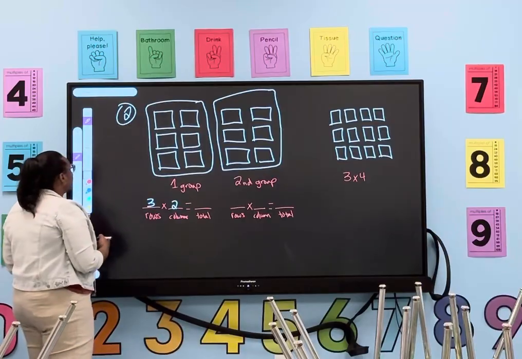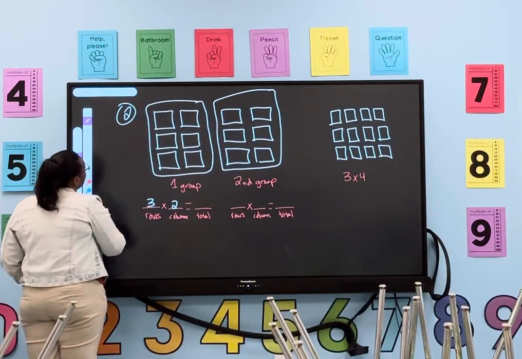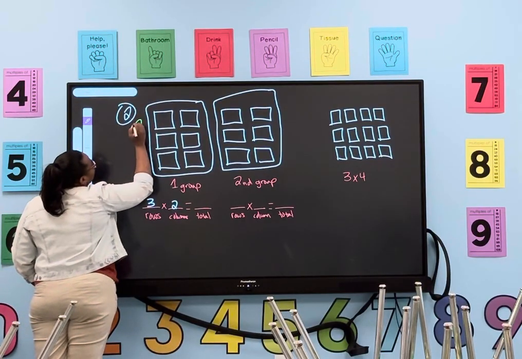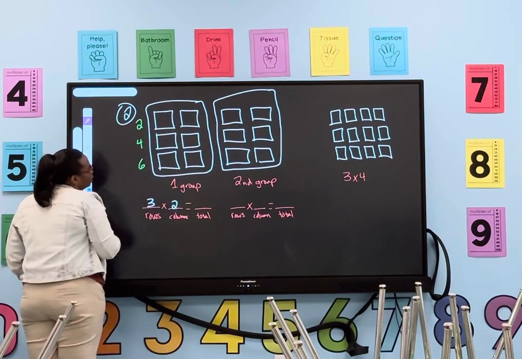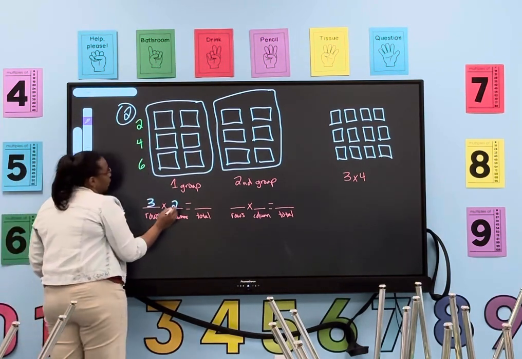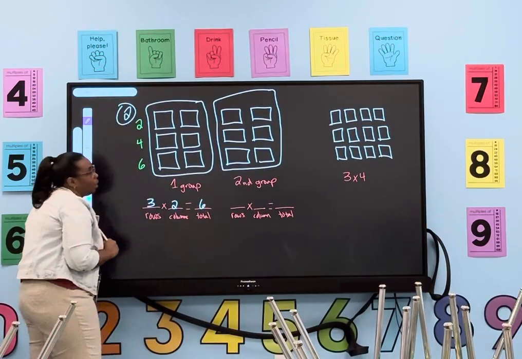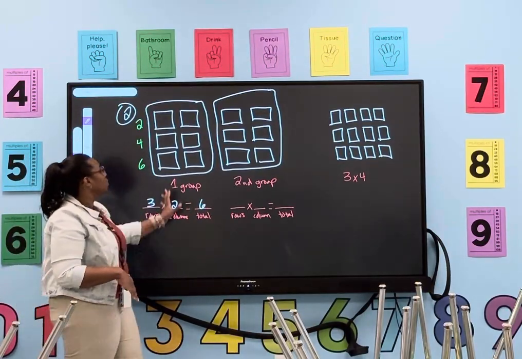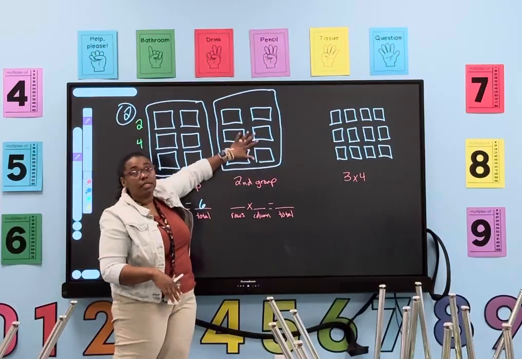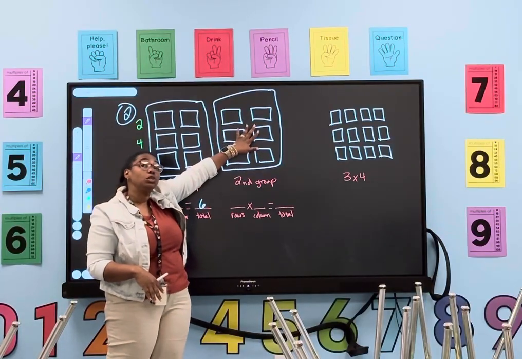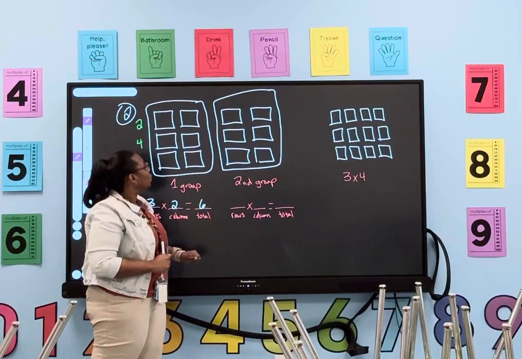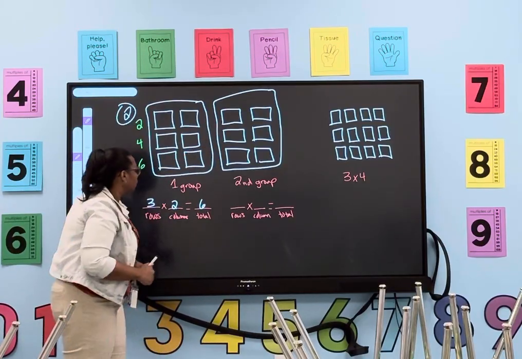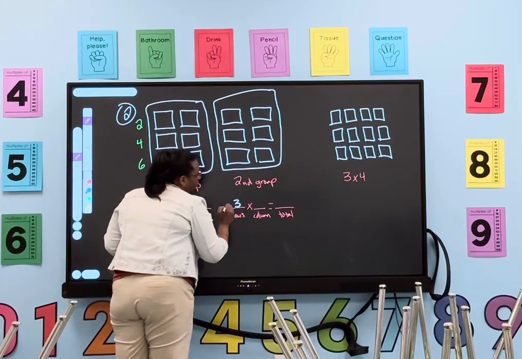So let's go ahead and skip count by 2. So if I skip count by 2, this will be 2, 4, 6. So now I know the answer is going to be 6. Okay, so now when I go to this side, for this second array, because we broke it up into 2 arrays, again, we start with our rows. I have 3 rows, so 3.